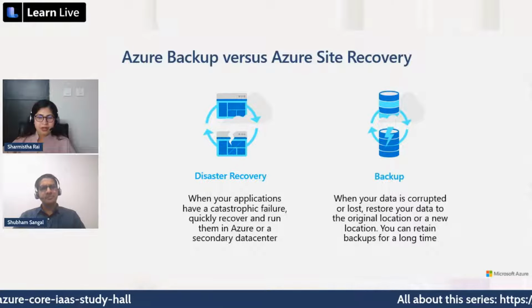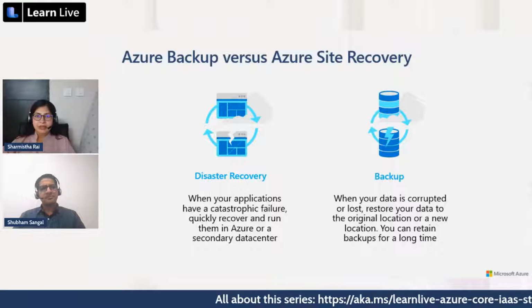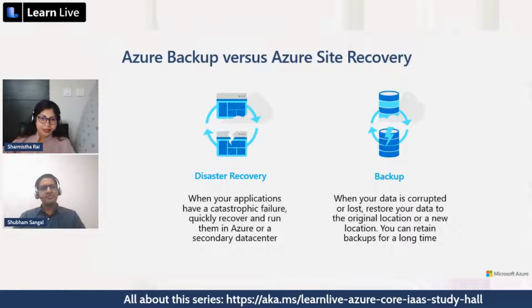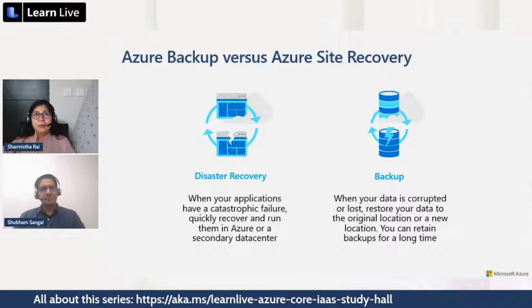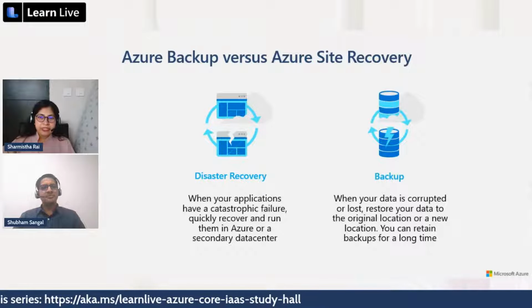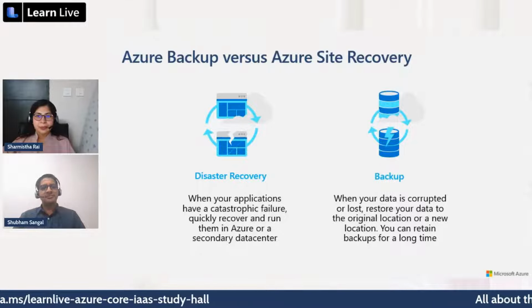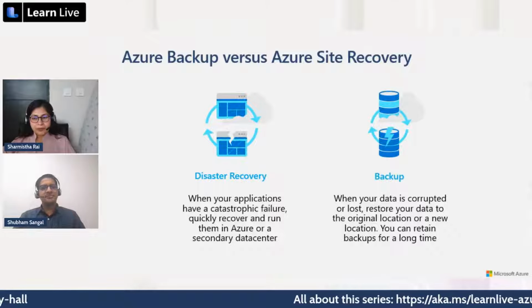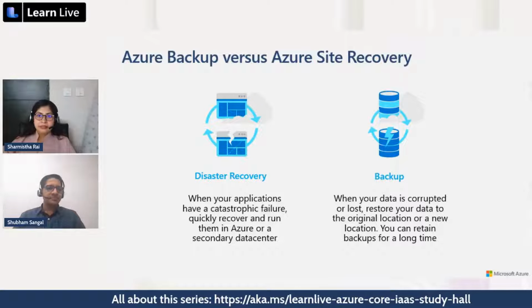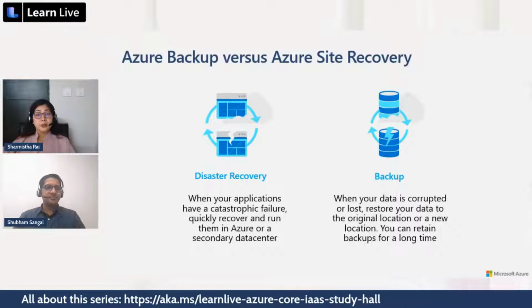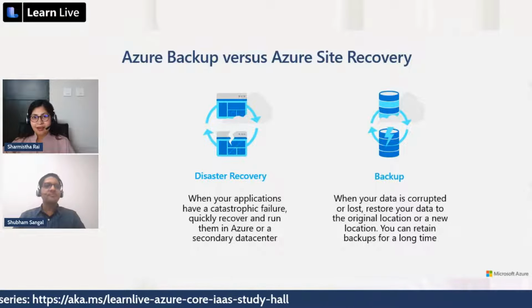So let's say for our case, Azure Site Recovery provides an RPO of 5 minutes, and we say that the RTO is less than 2 hours. So your maximum data loss would be 5 minutes, and your machines would be up and running in less than 2 hours. Whereas for backup, both these numbers can be a little higher. Most customers set up backup so that it just happens once a day, maybe in off business hours.